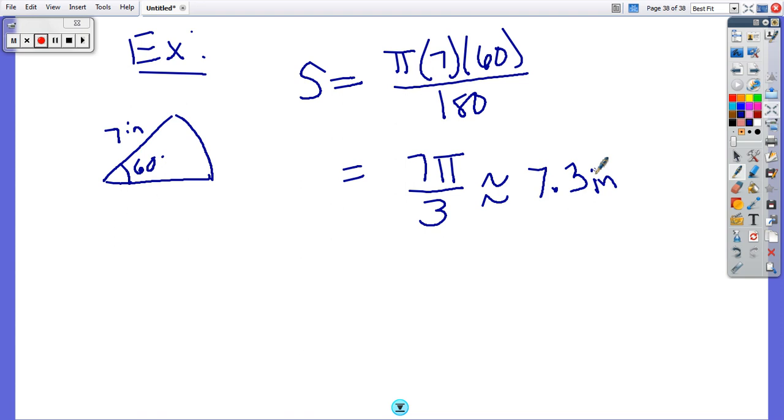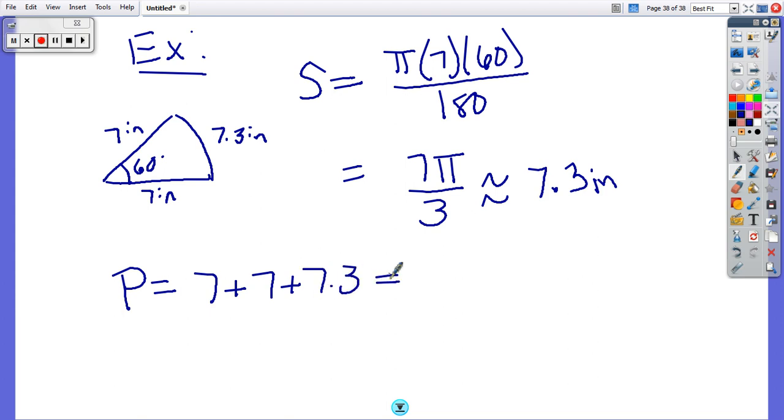But that's not my answer, because S just represents the arc length. So 7.3 inches is my arc length. 7 is the radius, and this is also a radius. So now my perimeter is going to be equal to 7 plus 7 plus 7.3, or approximately 21.3 inches in length.